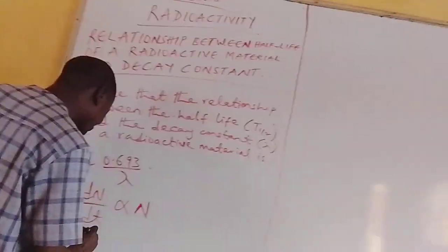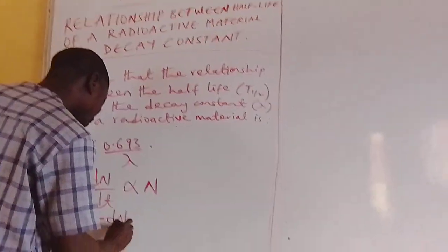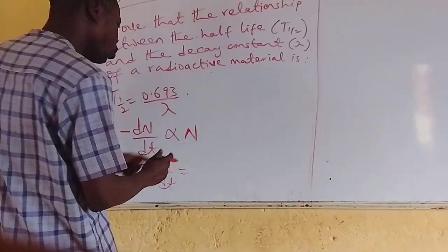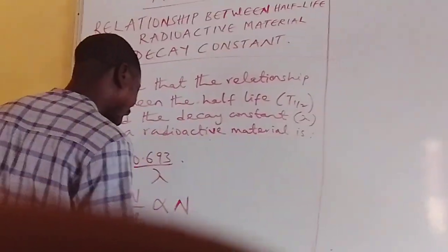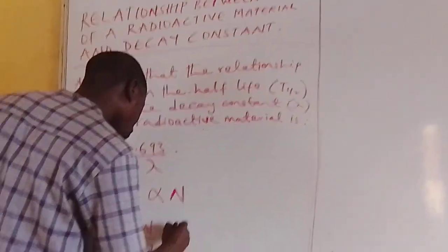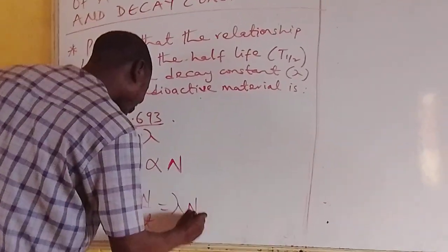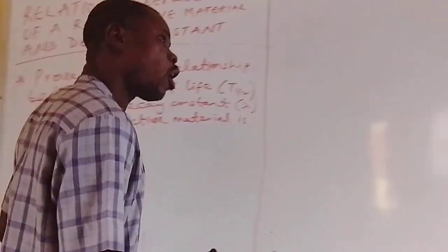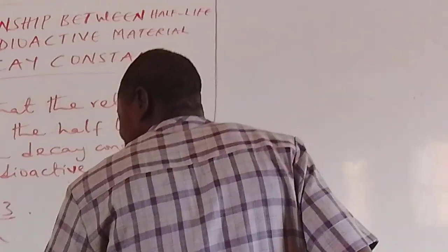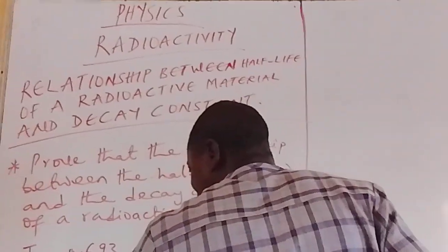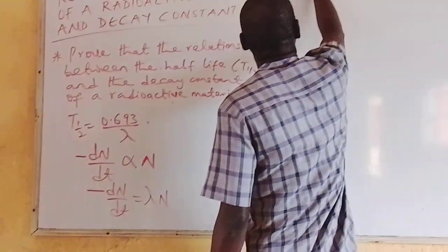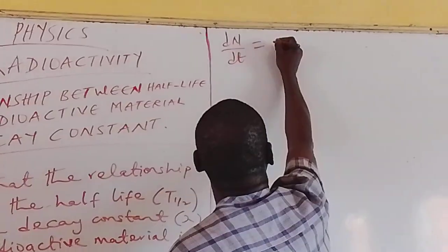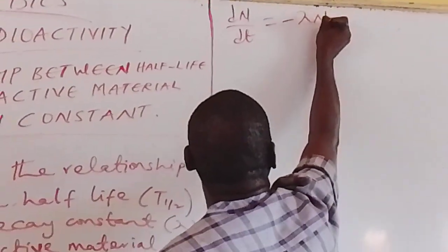That implies that minus dN/dt is equal to lambda N. At this juncture, I can move this negative sign to this side. If I multiply both sides by minus, I have dN/dt is equal to minus lambda N.